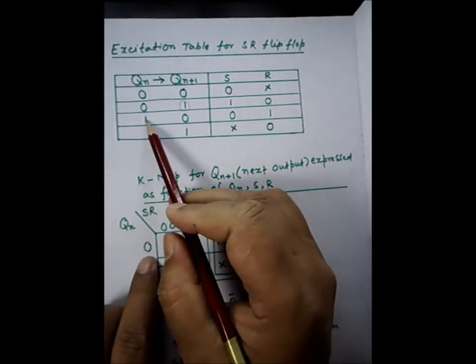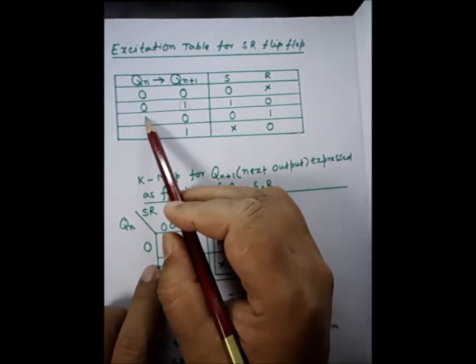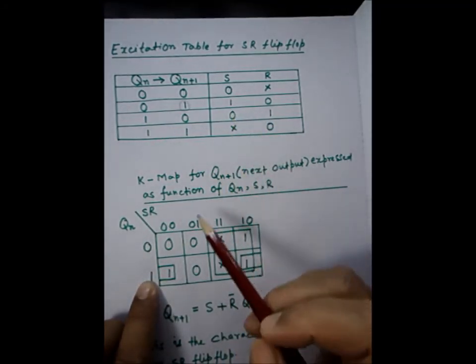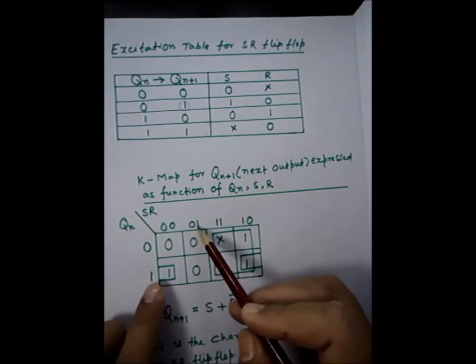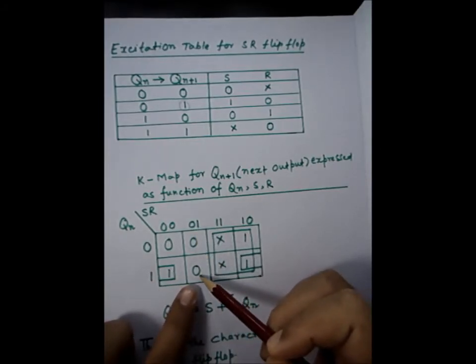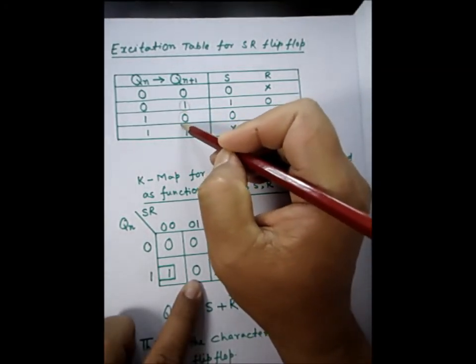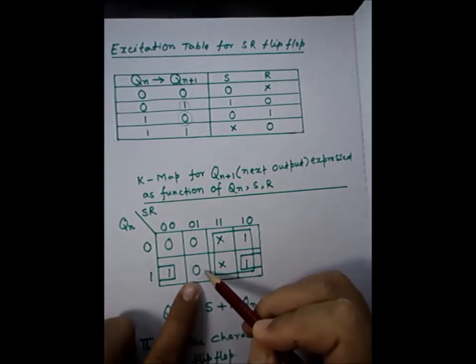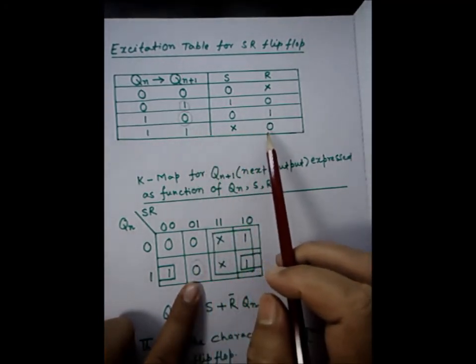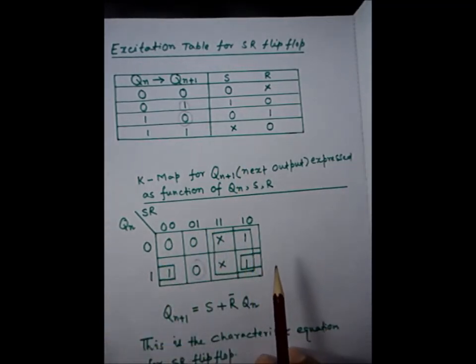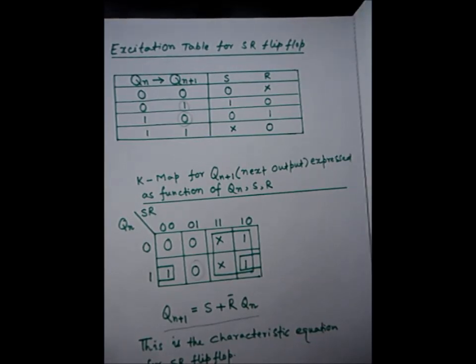In this case, Qn is equal to 1, S equal to 0 and R equal to 1, representing this block, and it comes to 0, so we put 0 here. In this way, the last block is also put into the K-map, and then we do the K-map simplification. After the K-map simplification, we get the expression of Qn plus 1 in this form, and that is the characteristic equation.